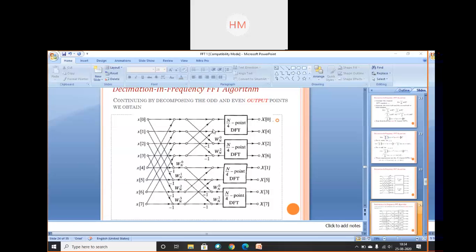Clear? Then leaving two lines, you have to draw Wn0 and Wn2. Finish? Should we move ahead?